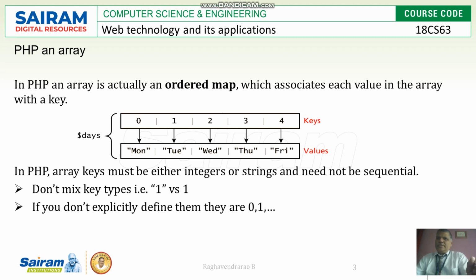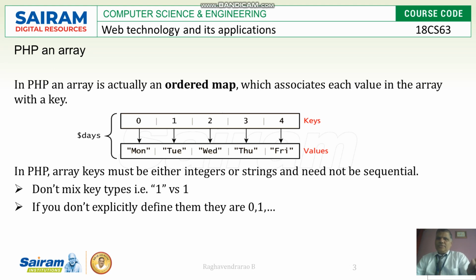I am going to say key as an index variable. Indexes are going to be there, starting from 0 to 4. So 0 is Monday, 1 is Tuesday, 2 is Wednesday, 3 is Thursday, 4 is Friday. Like this, the key and value pair is defined.